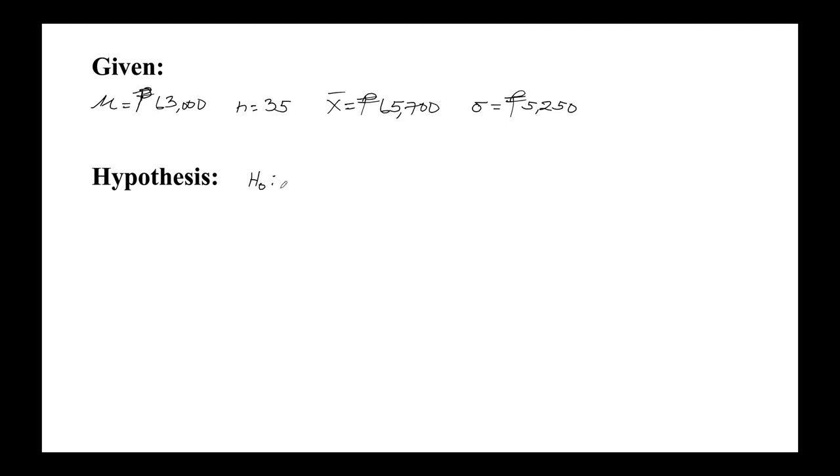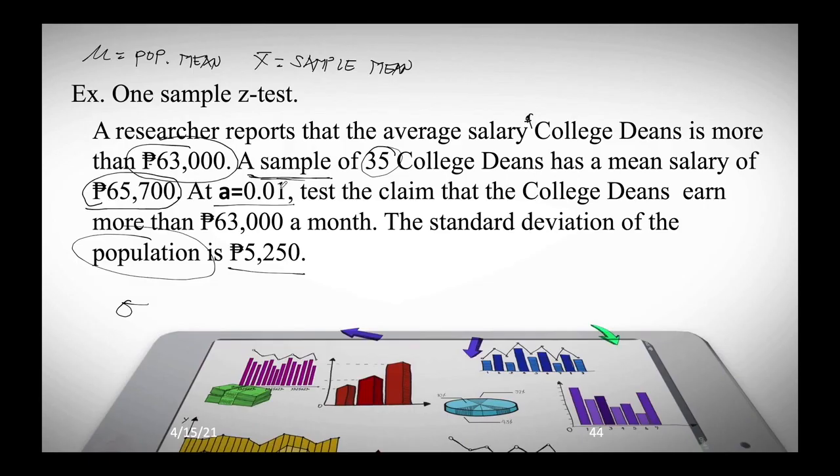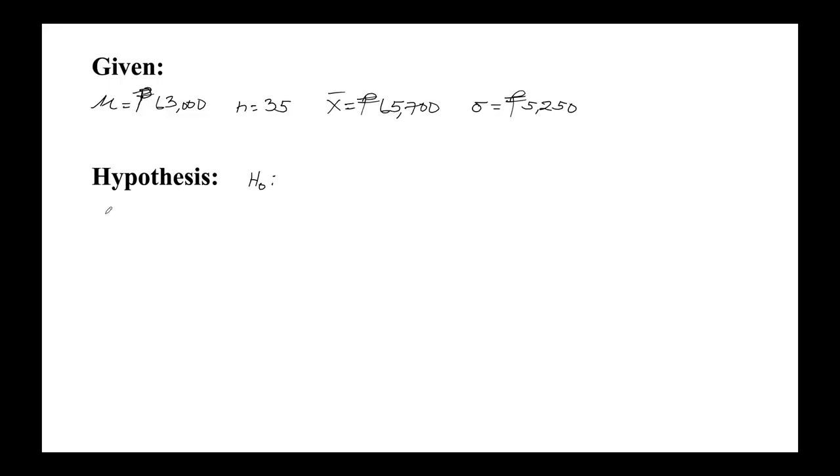So, kung babalikan natin, ang sabi nila, test the claim that the college deans earn more than, ang ginamit, hindi more than or equal, 63,000. Meaning to say, yung more than na yan na claim, that will be the alternative. Therefore, our null hypothesis will be mu, which is the population mean, is less than or equals 63,000.